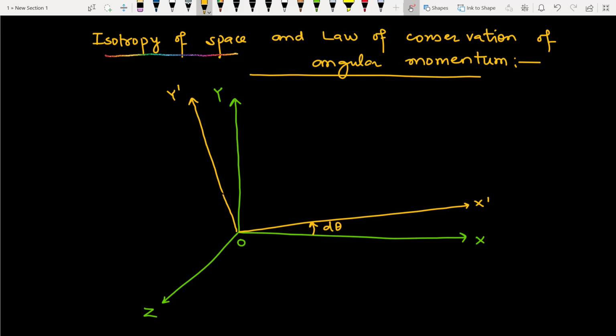This is y dash and this is the d theta rotation. So our original coordinate system xyz, when it is rotated about the z axis through an angle d theta, we get a new frame of reference. This is the S frame of reference, and after rotation we get the S dash frame of reference.